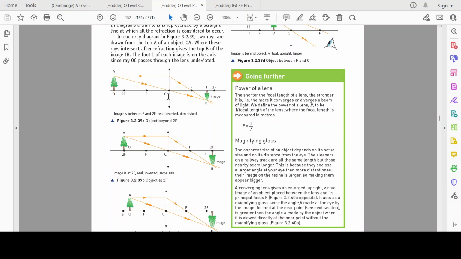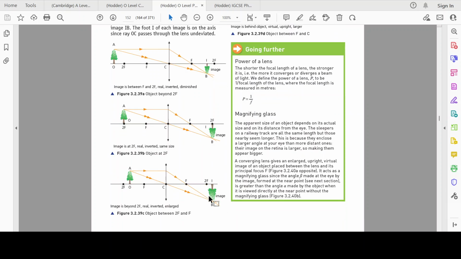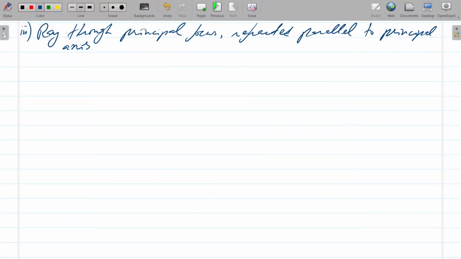Does this make sense? How we are drawing these ray diagrams? Not really. Aram, not really? Okay, so what would you like? Would you like me to do that on the whiteboard? It's fine, I will watch it after the class ends and read it.